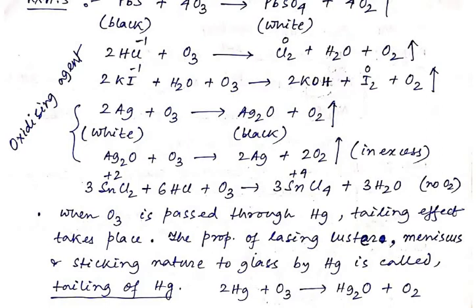So in this reaction, no oxygen is liberated. You can remember this reaction. Here also ozone is acting as an oxidizing agent. In these reactions we have seen that ozone mainly acts as an oxidizing agent, meaning it helps the oxidation reactions of other elements.